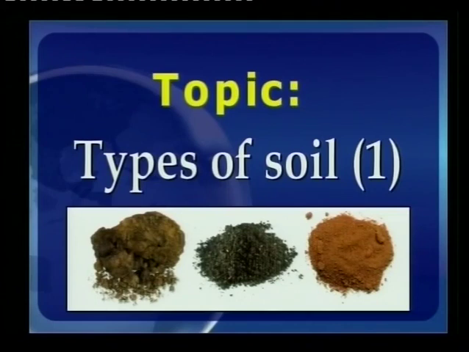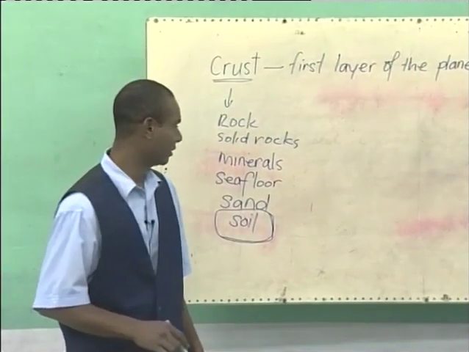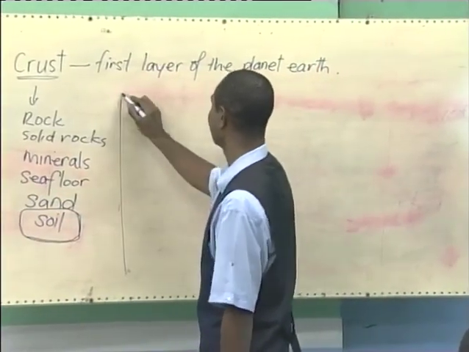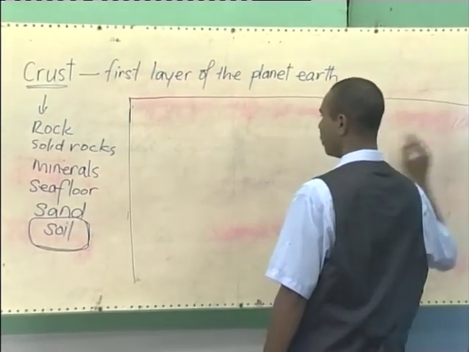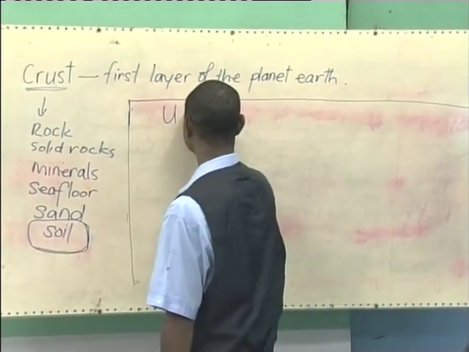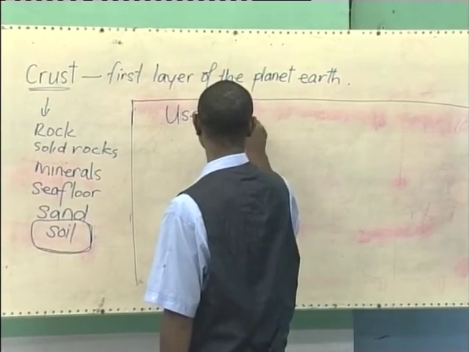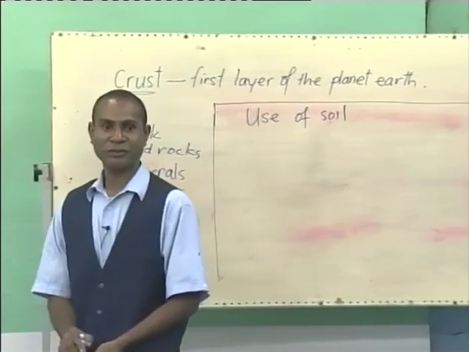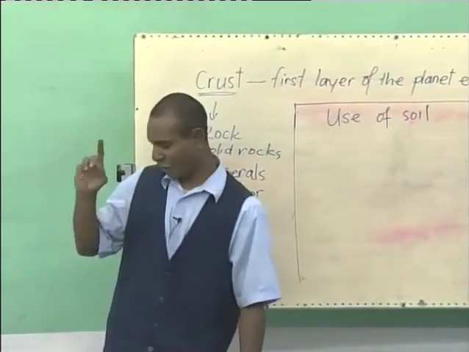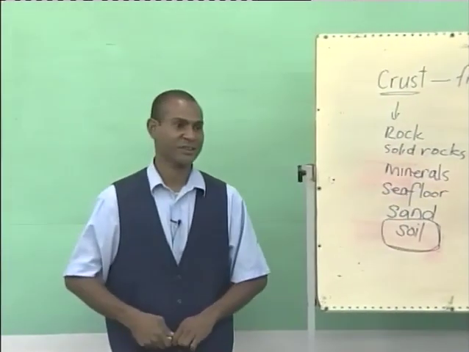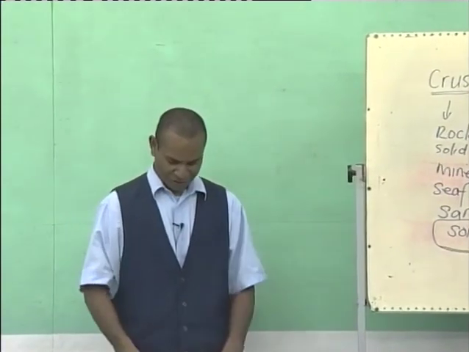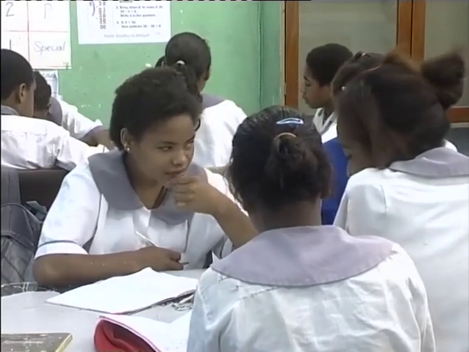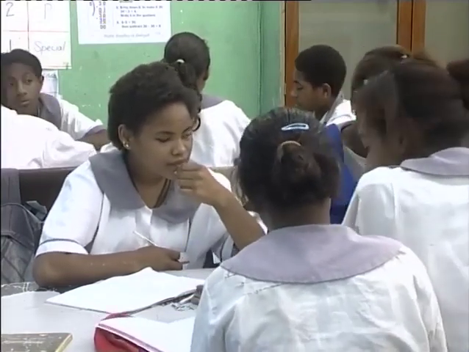All right, let me see some uses. I'll give you 1 minute to discuss in your groups. One use of soil. What do you use soil for? What is soil used for?